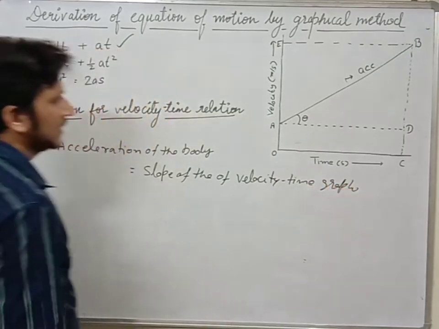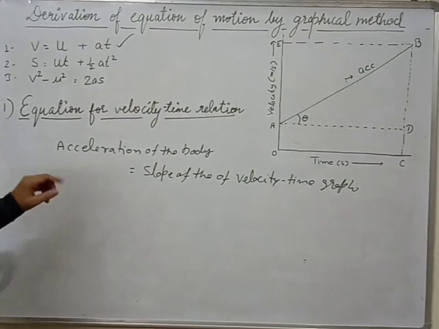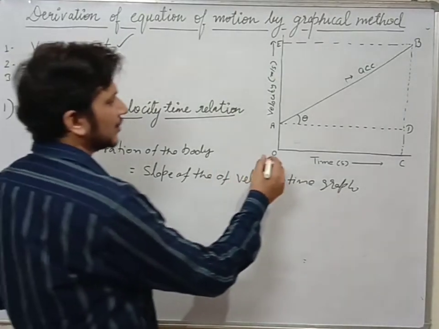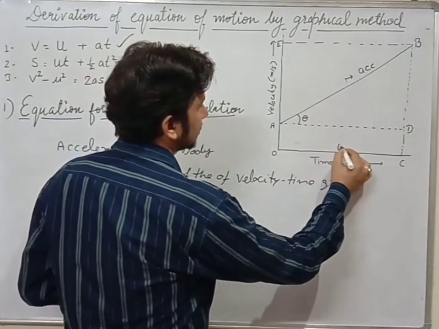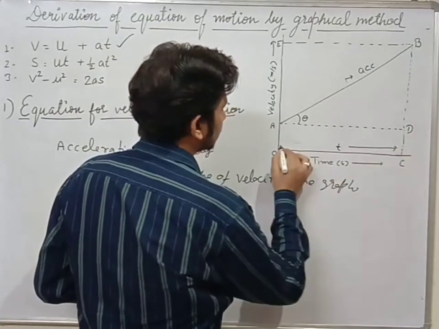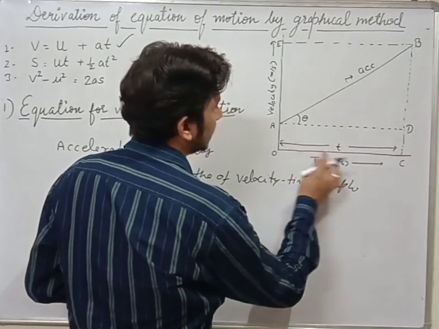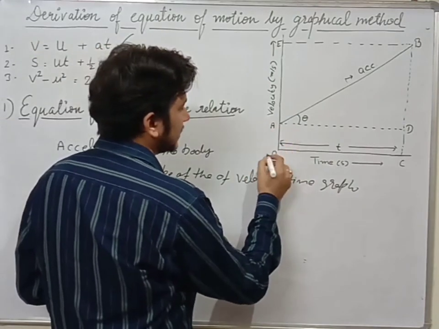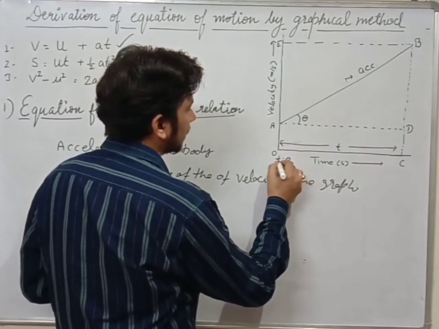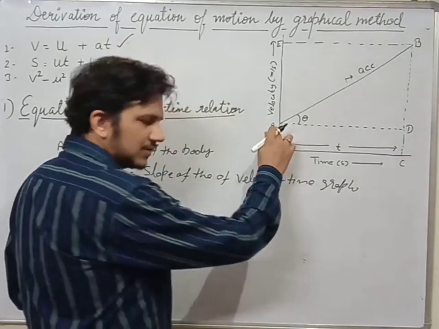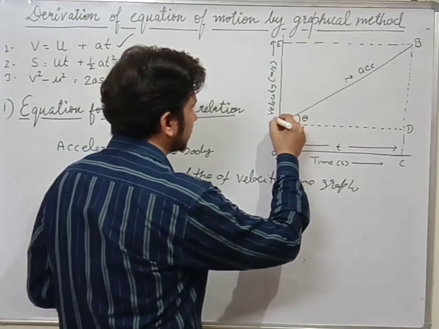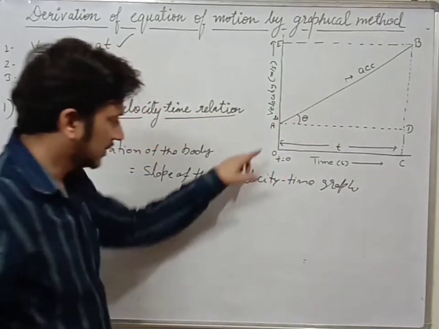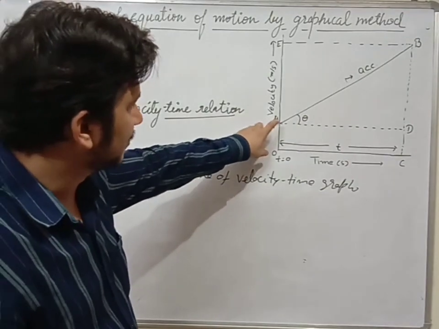Now see here, this is the total time t, OC is the total time. If the time is 0, then its velocity is u, because it is already moving, so its initial velocity is u.